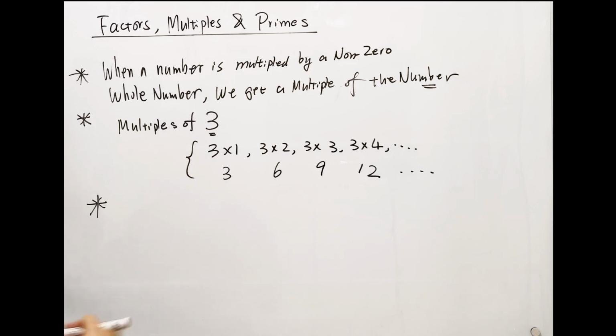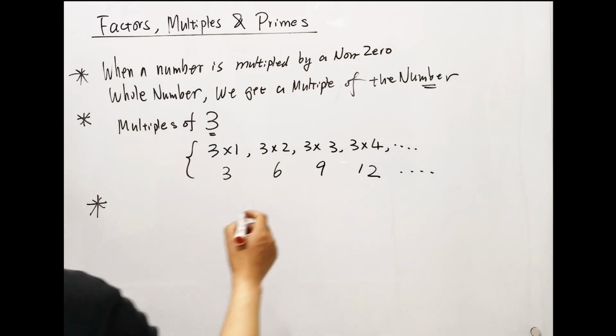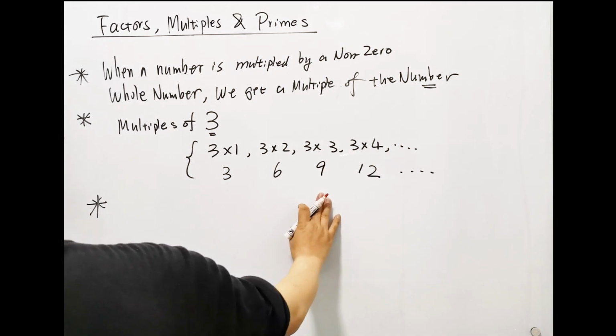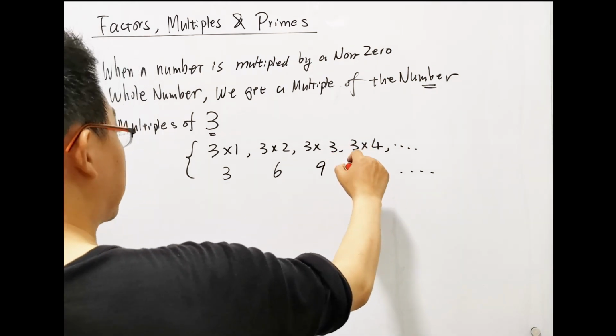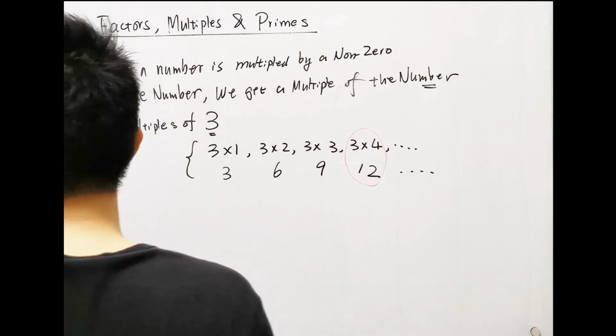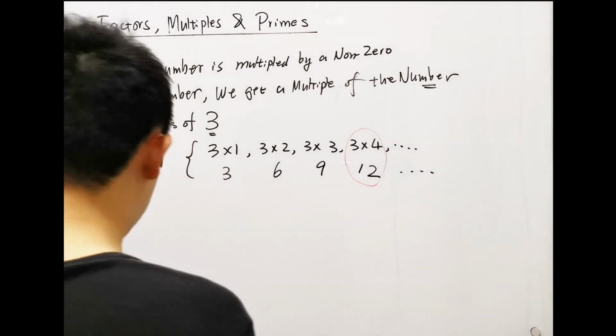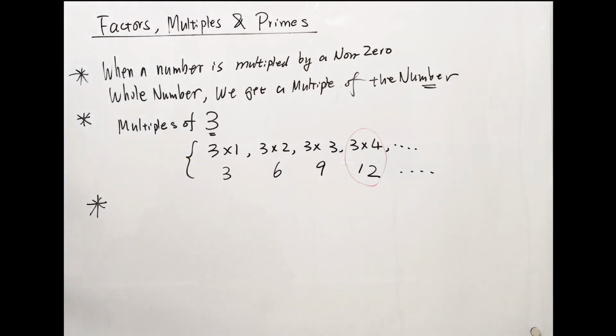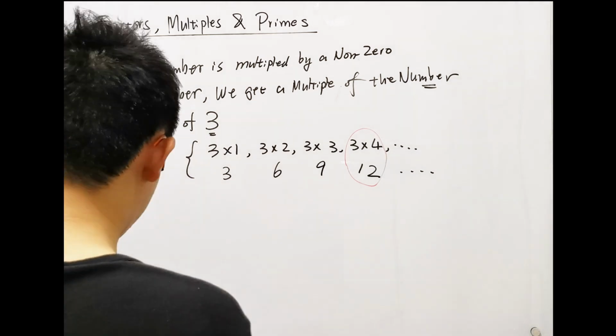Okay, so the 3 and 4, let's recall the factors. In this case, 3 and 4 are the factors of 12. And on the other hand, 12 is a multiple of both 3 and 4, right?